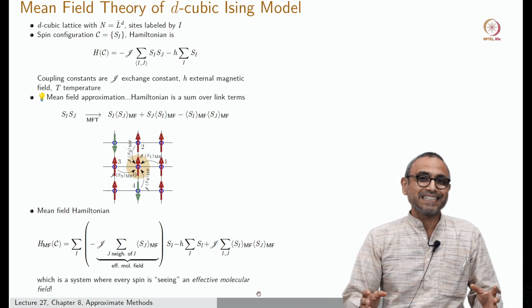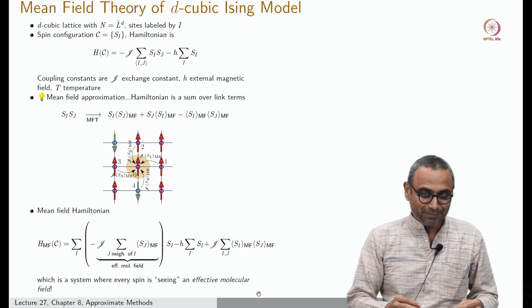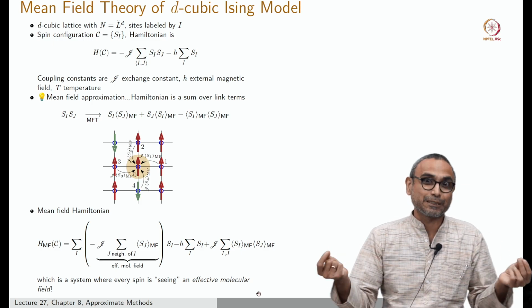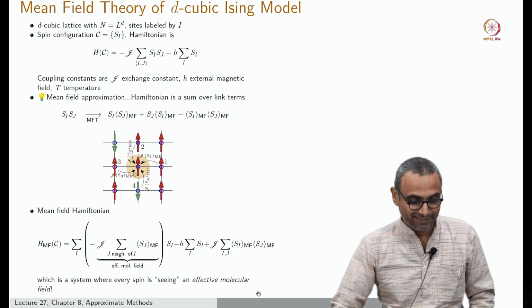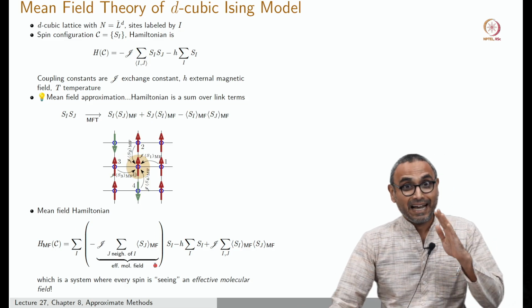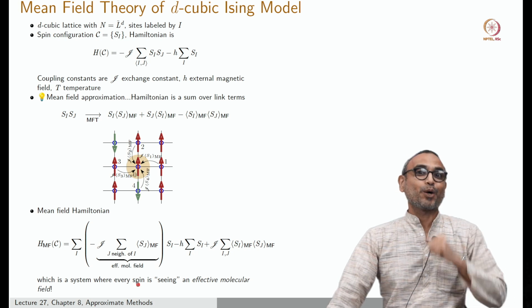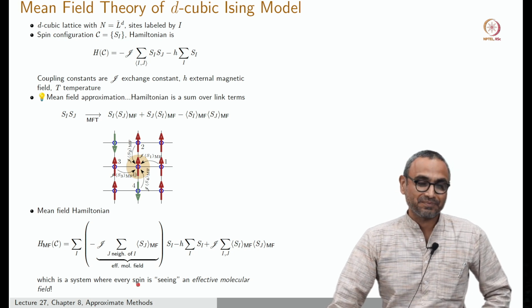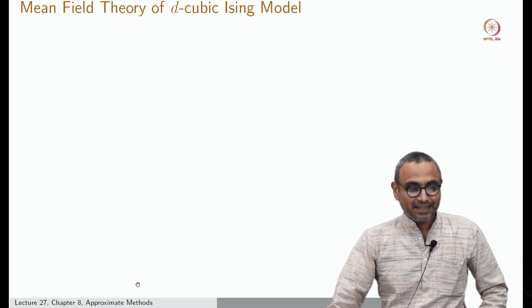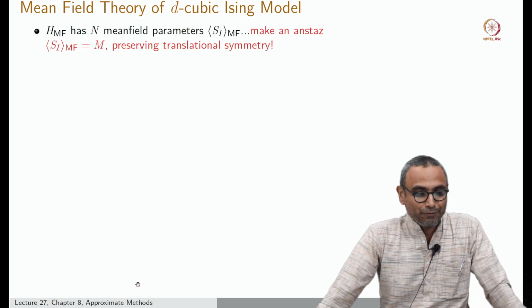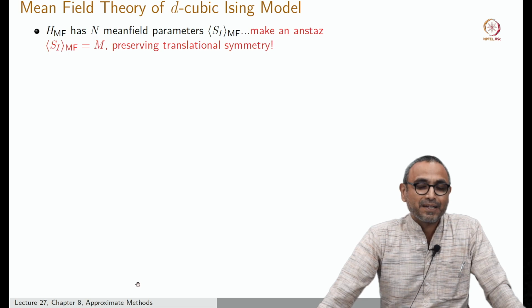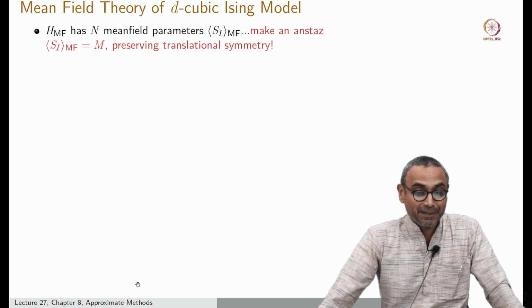So, what we have done is we have reduced the problem to isolated spins, each of which is seeing an effective molecular field. At this stage we do not know what those molecular fields are, right. Okay. All right. So, now the first thing to note is, how many unknown parameters do we have?